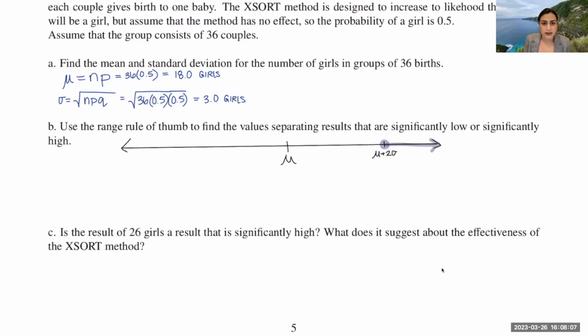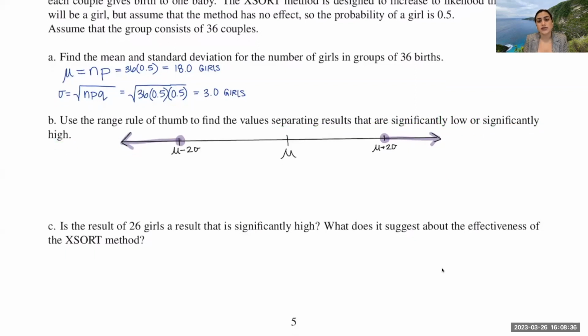And if I am 2 standard deviations below my mean, then I would be considered significantly low. So I'm looking for these values separating the results that are significantly low and significantly high. So we have to find mu plus 2 sigma and mu minus 2 sigma.